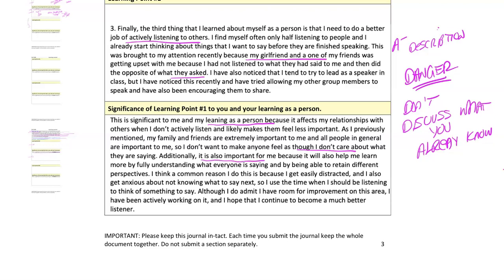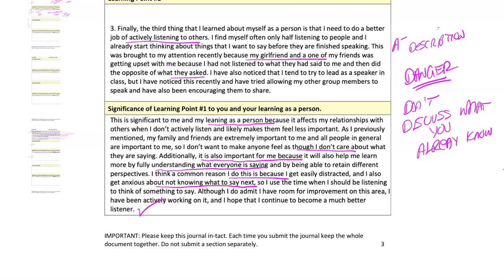Additionally, it is also important for me because it will also help me learn more by fully understanding what everyone else is saying and by being able to retain different perspectives. I think a common reason I do this is because I get easily distracted, and I also get anxious about not knowing what to say next, so I use the time when I should be listening to think about something to say. Although I do admit I have room for improvement in this area, I have been actively working on it, and I hope that I continue to become a much better listener.